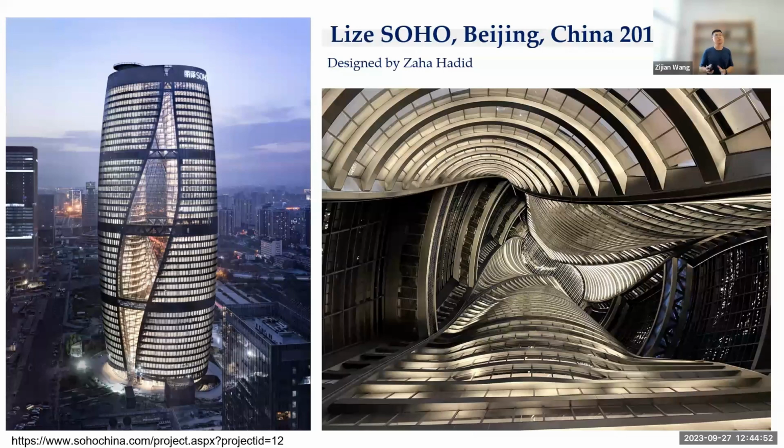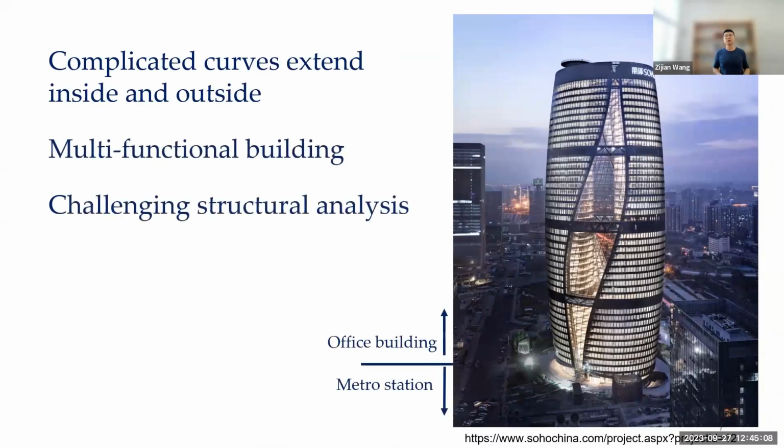This is Lizi Soho in Beijing, China. It's designed by Zaha Hadid. As you can see, she used a lot of really complicated curves which extend inside and outside. Actually, this building is also multifunctional. The underground is a metro station, and the ground has two office buildings that are put together.